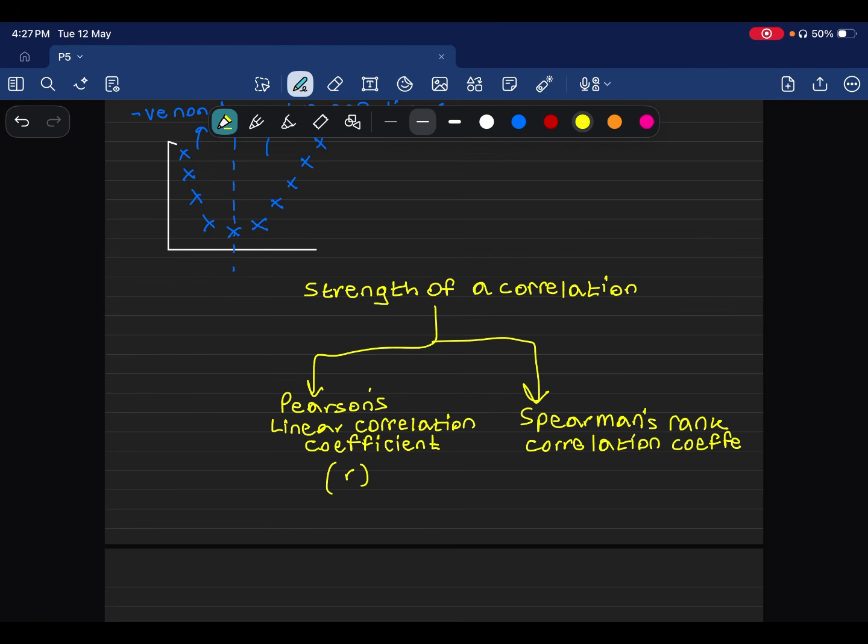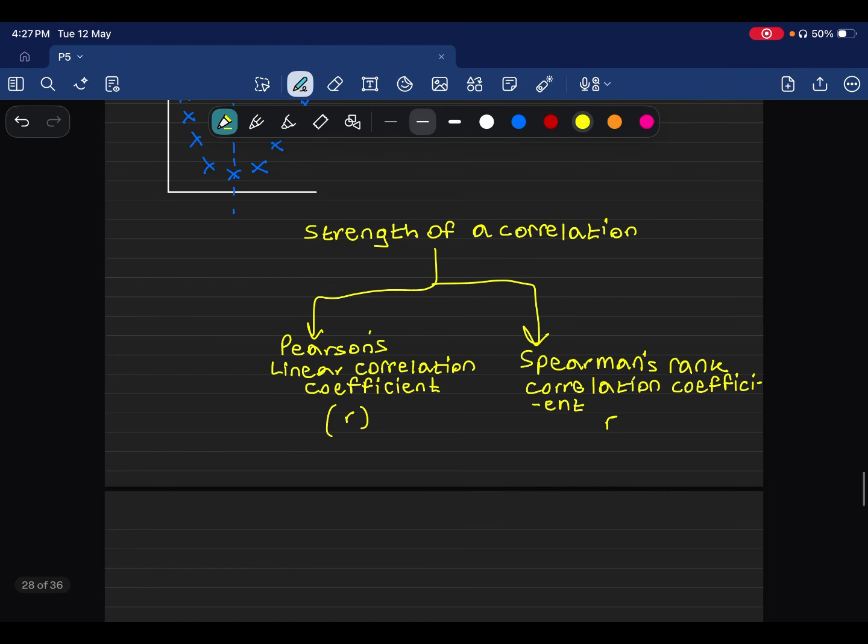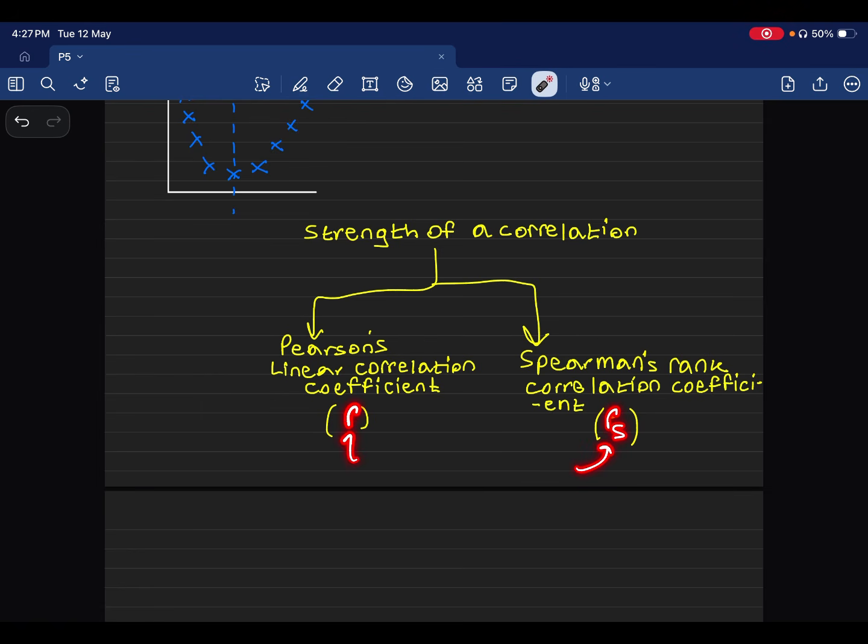And because both of these are just correlation coefficients, we use the same letter to represent them. That's R. But then how do we differentiate between Pearson and Spearman? For Spearman, we just put an S below it. So this is RS. So if you see RS, this is Spearman. If you just see R, this is Pearson's.